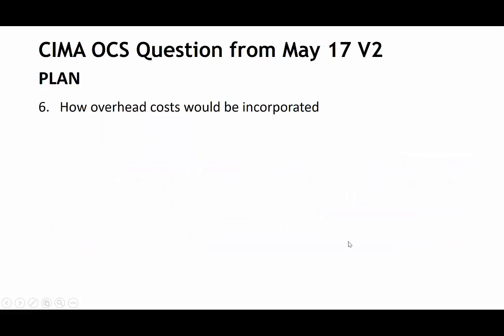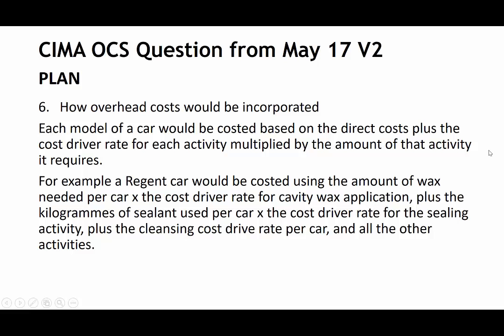How overhead costs would be incorporated. Each model of car would be costed based on the direct costs plus the cost driver rate for each activity multiplied by the amount of that activity that it requires. So one of the cars is a Regent.